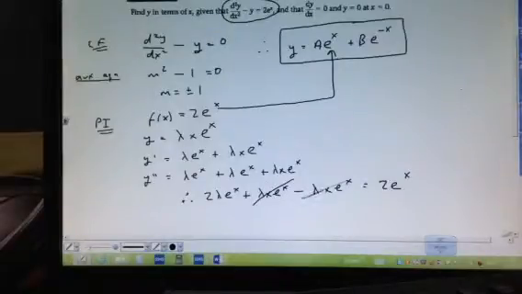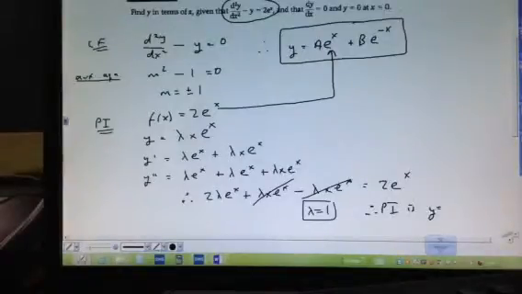So they disappear, and you can see that lambda must equal the value 1. So go back to the original, and you can say therefore the particular integral is y has the value lambda, which is 1, lots of x e to the x. Okay, and then you're going to add that to that.